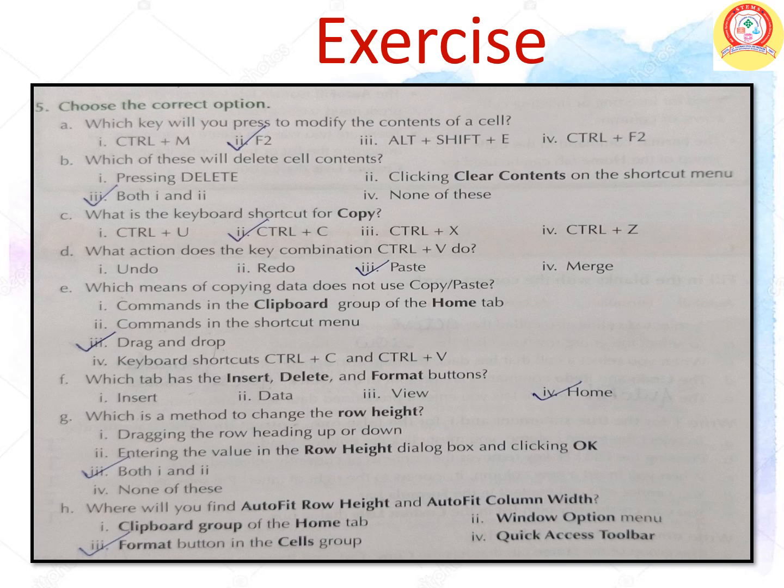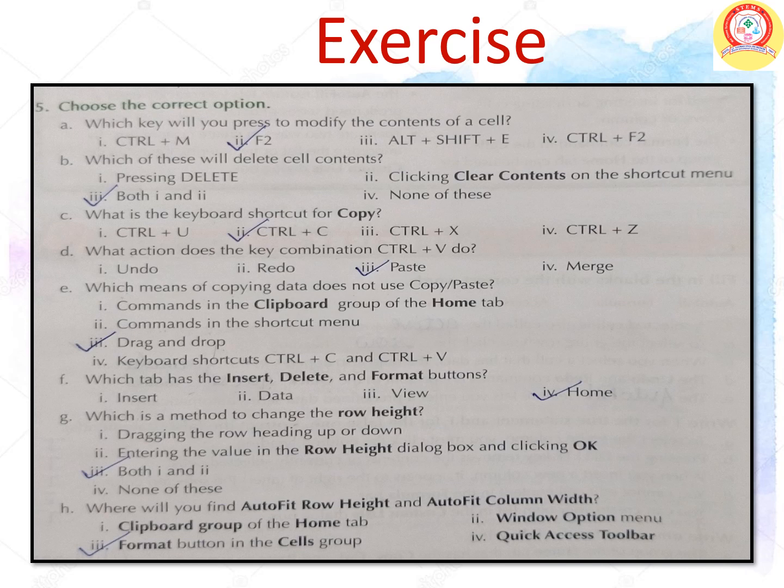Now let's move to C question. What is the keyboard shortcut for copy? 1 Control plus U, 2 Control plus C, 3 Control plus X, 4 Control plus Z. So it's the second one, Control plus C. Control plus C is the shortcut key for copy.